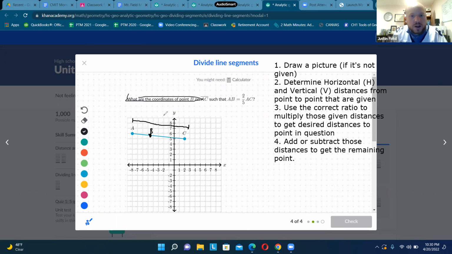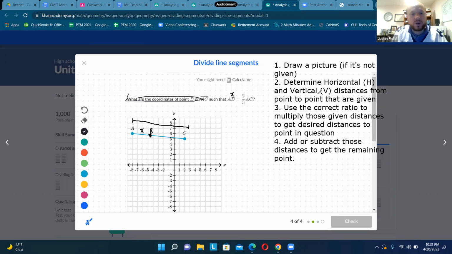Do we know the distance? No. So we'll call it X, but actually why do we not want to call AC X? Because we can figure out AC, right?